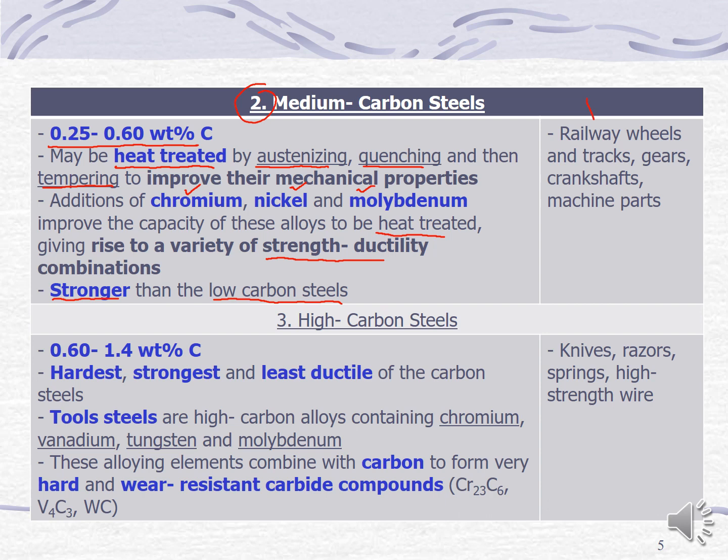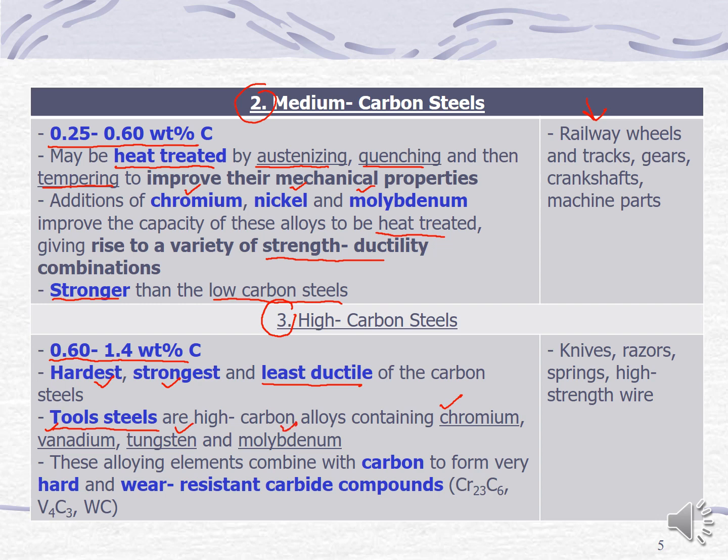So this is the application. And here we have the third group, which is the high carbon steel. It consists of a high percent of carbon. Okay, hardest, strongest, less ductile. It is used as tool steels, which contain alloying elements such as chromium, vanadium, tungsten, and molybdenum.